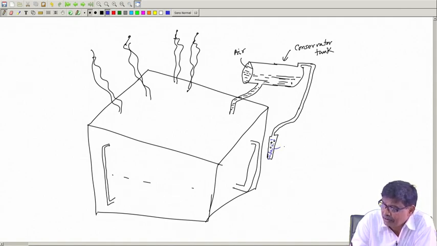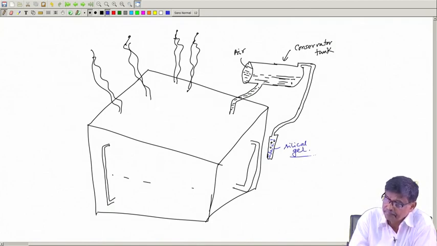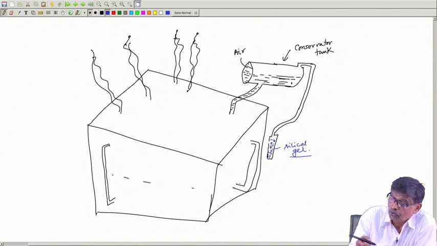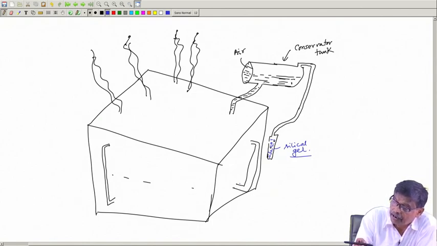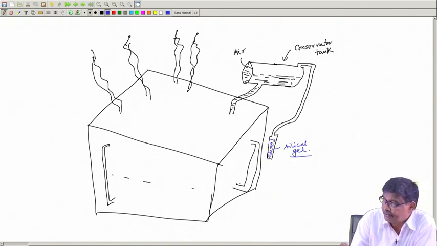A chemical material, silica gel. I do not know the spelling, you check, silica gel, and there will be perforations. So, this transformer oil is in touch with the atmosphere via this tank air, this is filled with air and this air goes through silica gel.